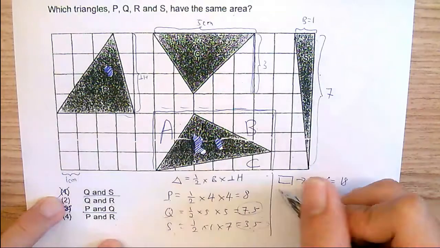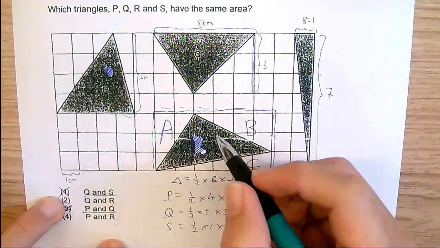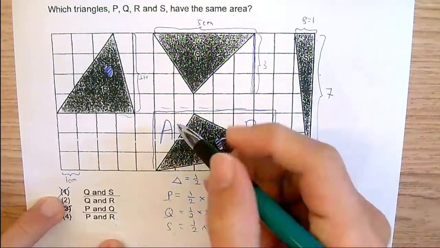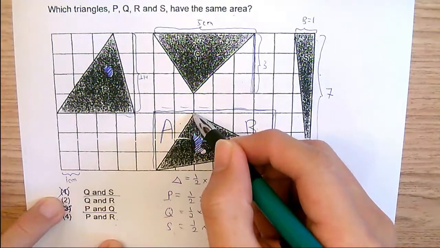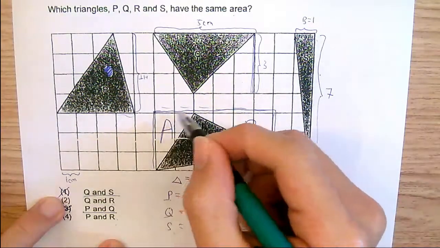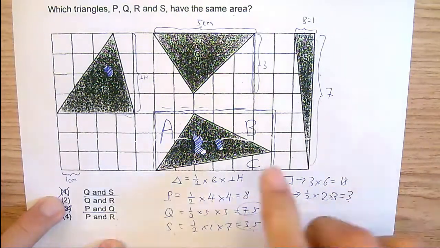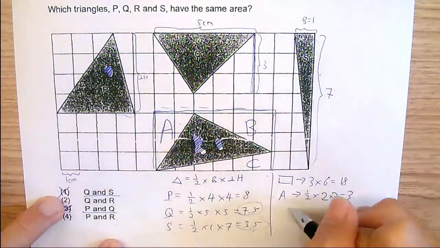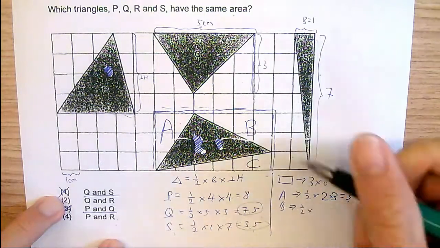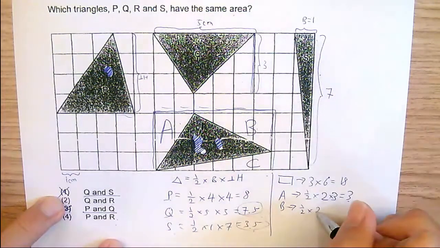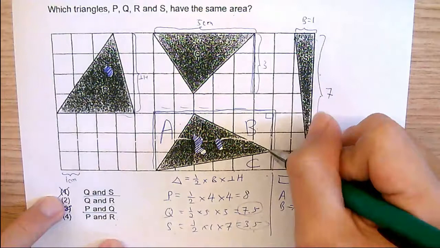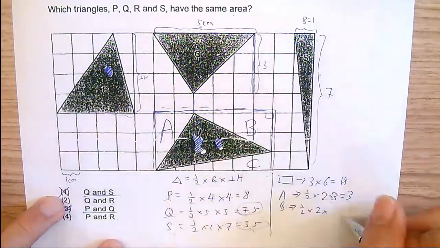Okay, let's look at A. To find A will be half times base, let's put it as this, 2 multiplied by 3. So this will give us 3. Then for B, it is half times 2 multiplied by the perpendicular height 4.